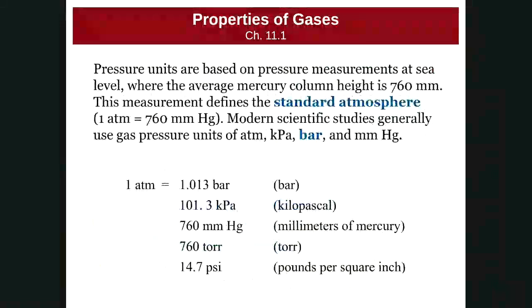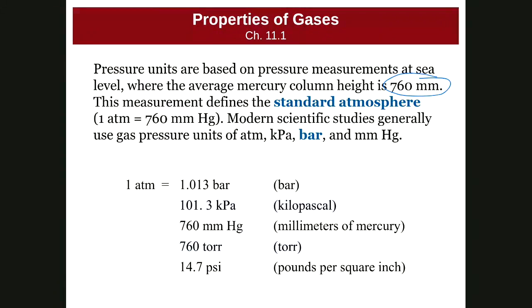Pressure units are based on pressure measurements at sea level and the average mercury column height. So we're going back to that old barometer where we measured the height of mercury. That average mercury column height is 760 millimeters of mercury. This measurement defines the standard atmosphere.